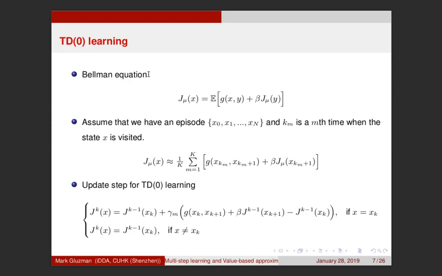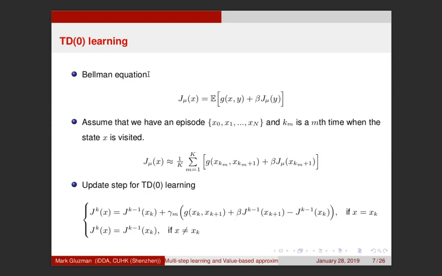So basically, for each state from our state space, we can use these iterative updates for this sample mean. And as a result, we can get TD0 learning.